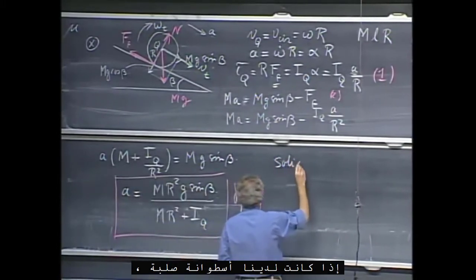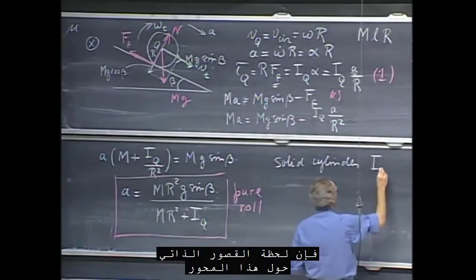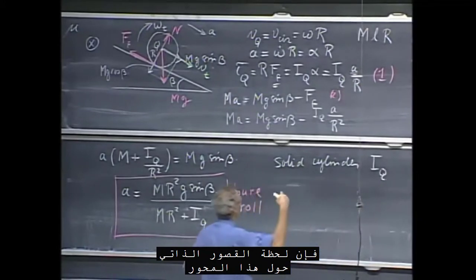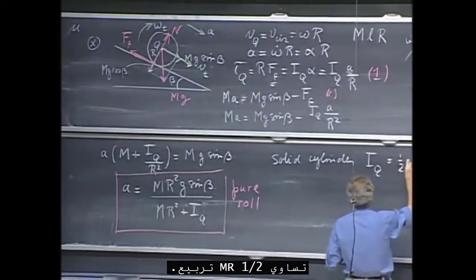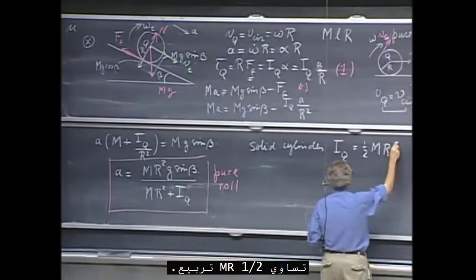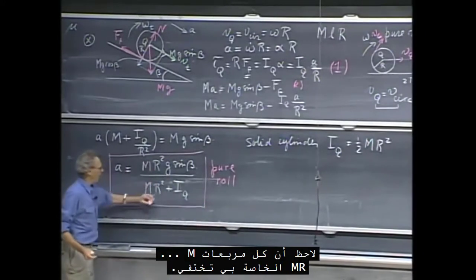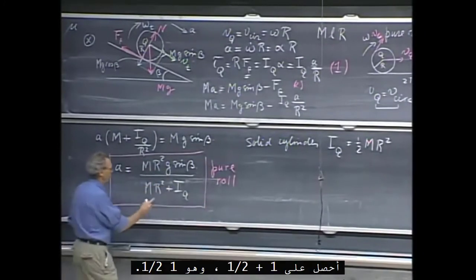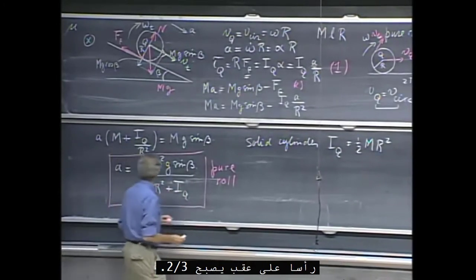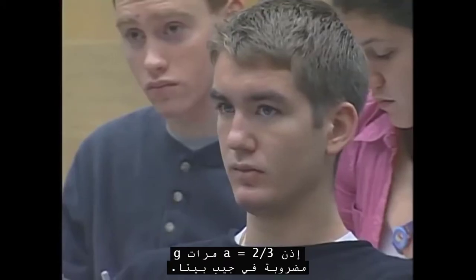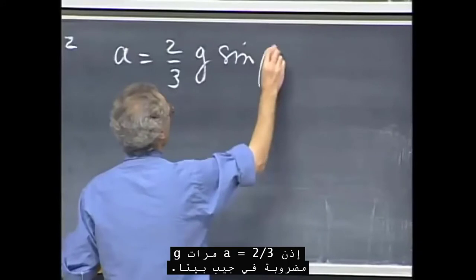If we have a solid cylinder, then the moment of inertia about this axis through the center of mass, which I've called Q, equals 1/2 mR squared. And if I substitute that in here, notice that all my mR squares go away. I get 1 plus 1/2, which is 1.5, upside down becomes 2/3. So A equals 2/3 times g times the sine of beta.